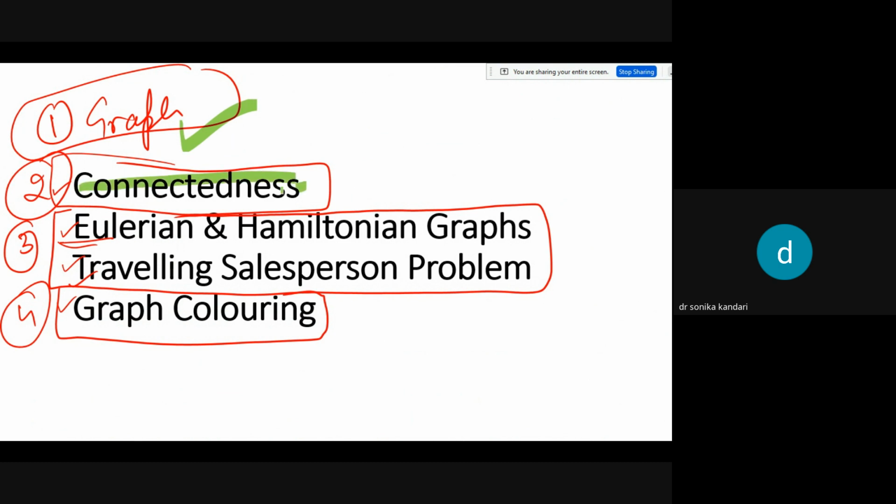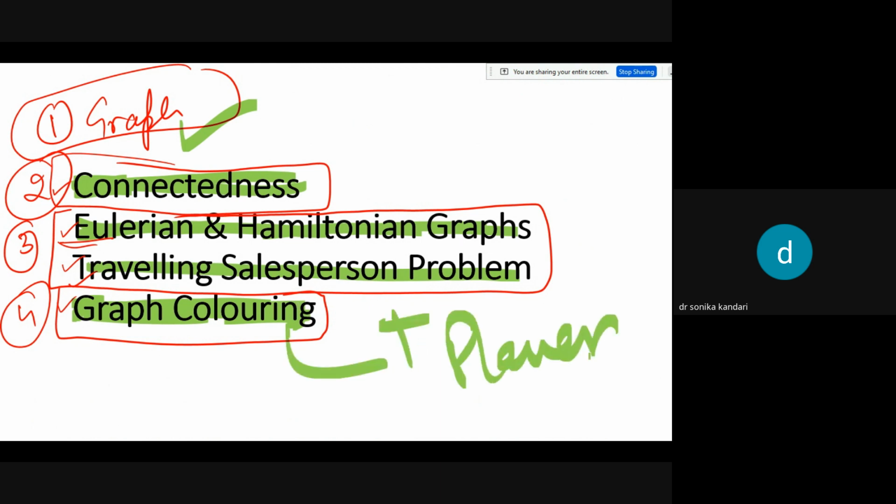Second is connectedness. Third was Eulerian and Hamiltonian graphs and traveling salesman problem. And the last block of the graph was graph coloring and planar graphs. Is it clear, class? So we have completed graphs.